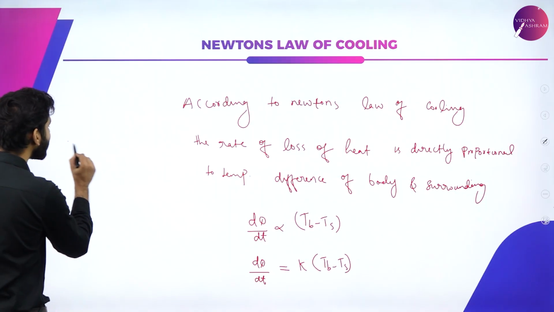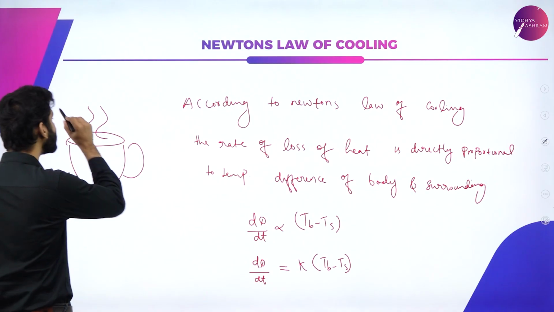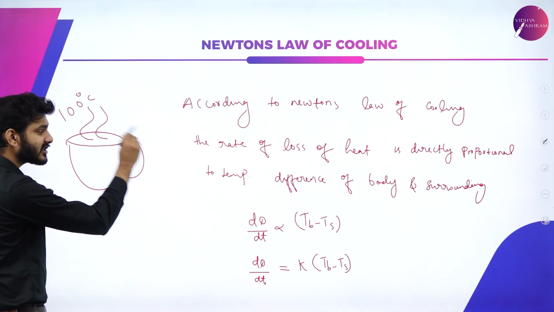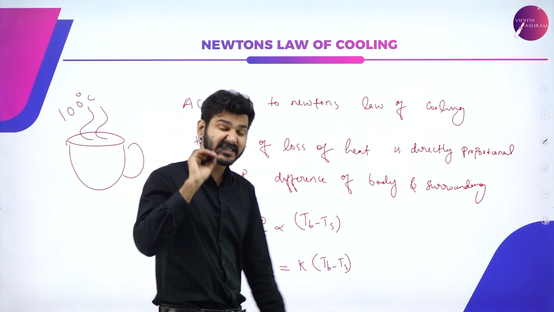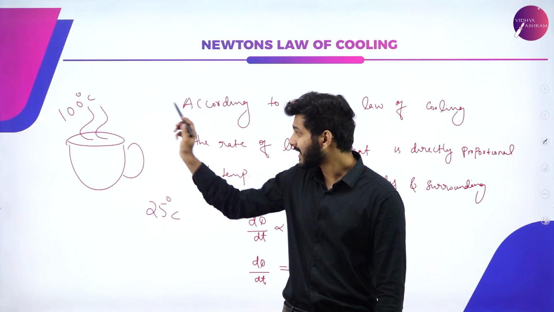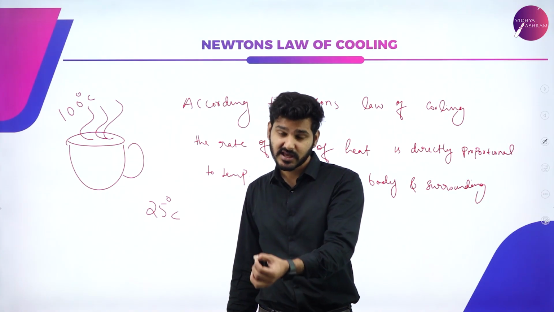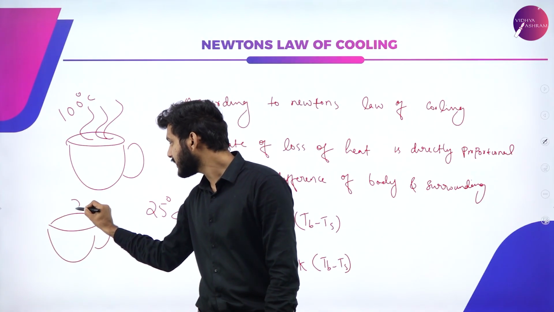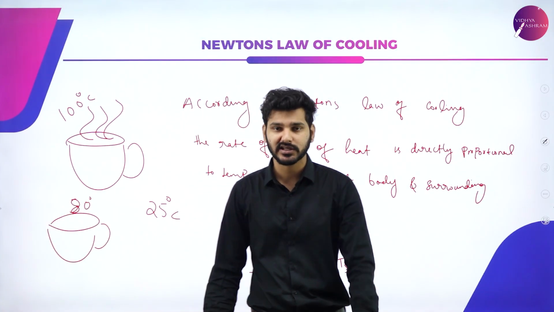That is, if you have a cup of coffee, which is extremely hot, let's say 100 degrees, and you're keeping it outside where the temperature surrounding it is 25 degrees Celsius, which means there is a difference of 75 degrees Celsius between the system and the surrounding. So that means that this coffee will cool down much faster than a coffee which is at, let's say, 80 degrees Celsius.